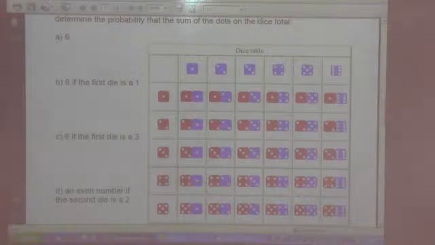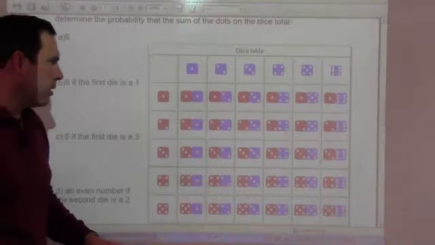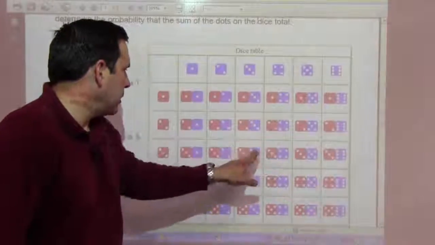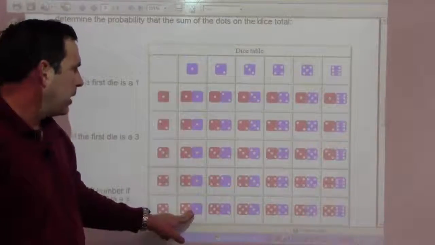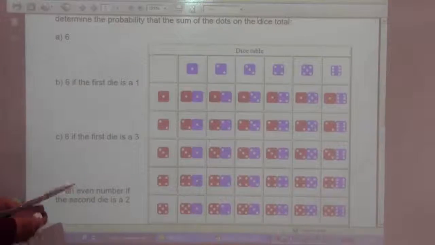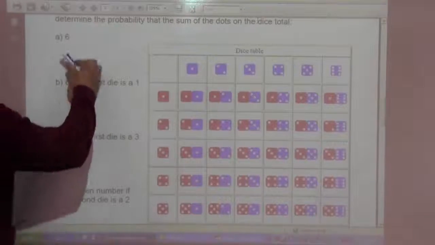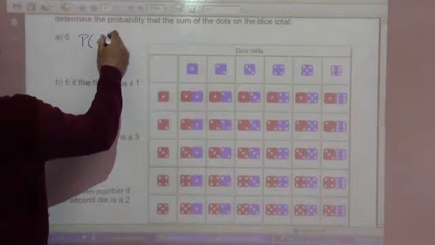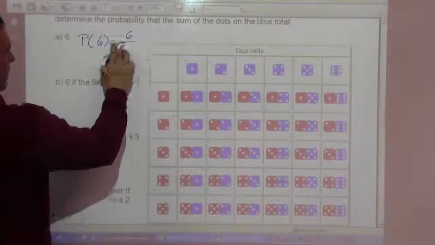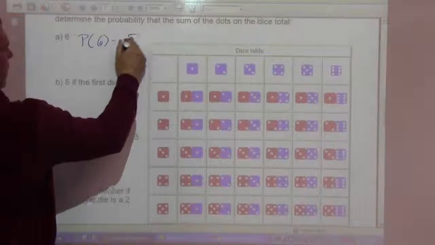The first case says, what's the probability that the sum of the dots totals 6? Okay, so we get 6 in which cases? 6 here, here, here, here, and here, out of 36. 6 times 6 is 36 possible. So the probability of 6 is 5 cases out of 36.